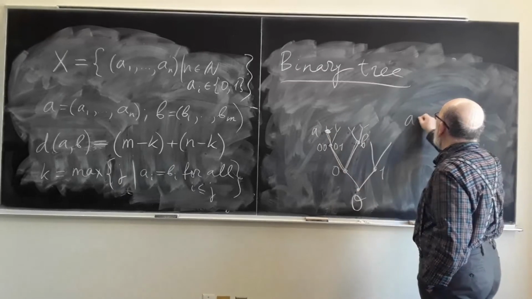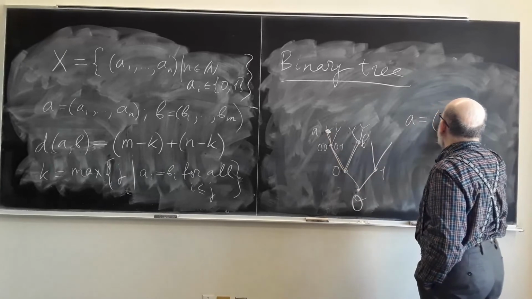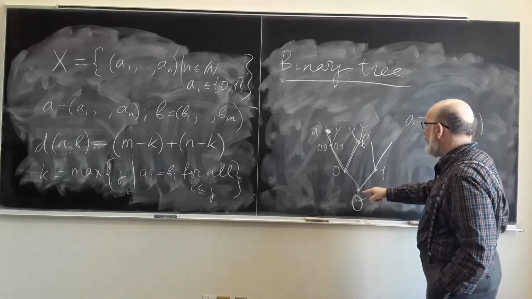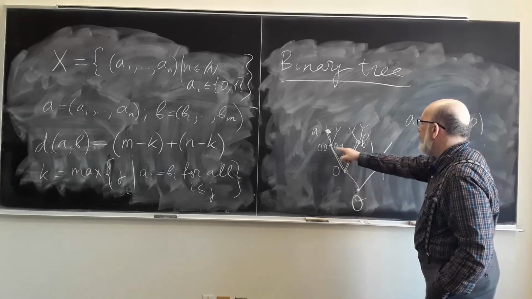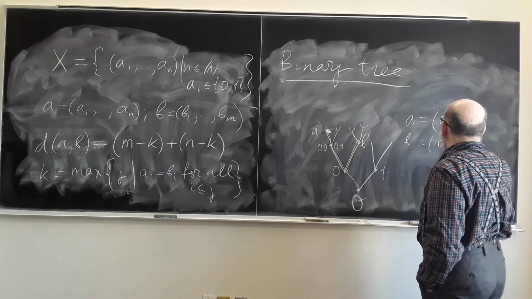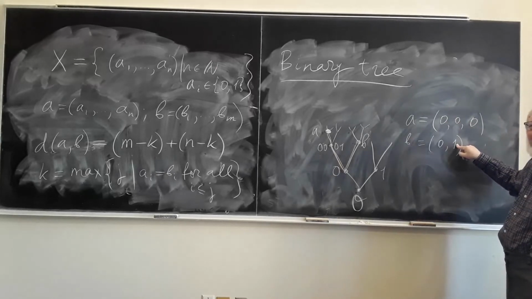So A, in this case, is 0, 0, 0, and B equals 0, 0, 1. So they diverge at the third place.